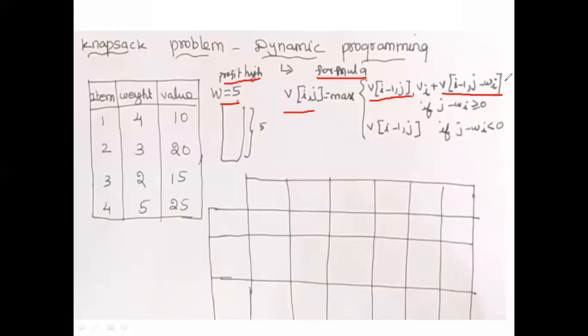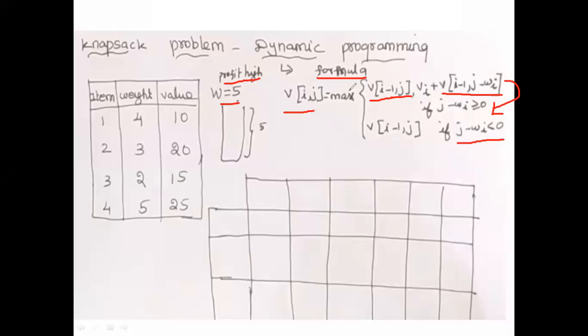We use this formula if j minus wi is greater than or equal to 0. Else, V of i minus 1 comma j is used when j minus wi is less than 0.